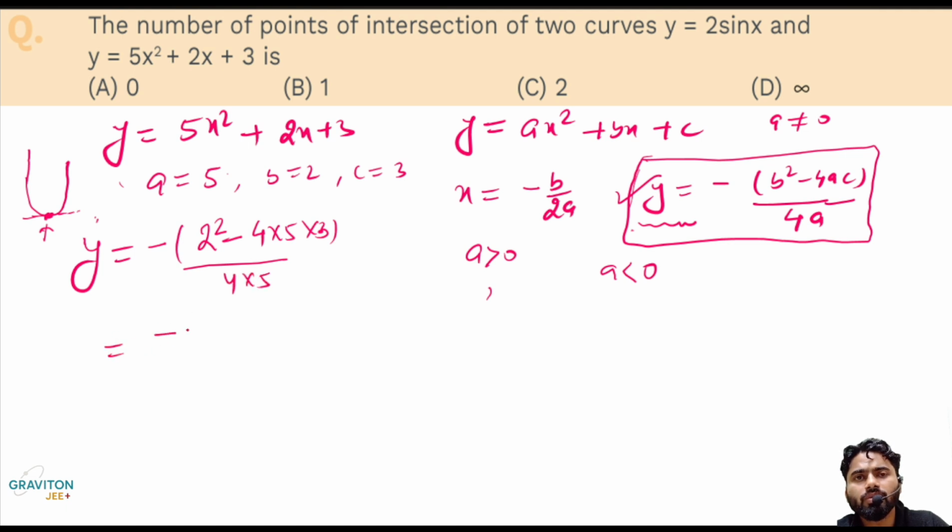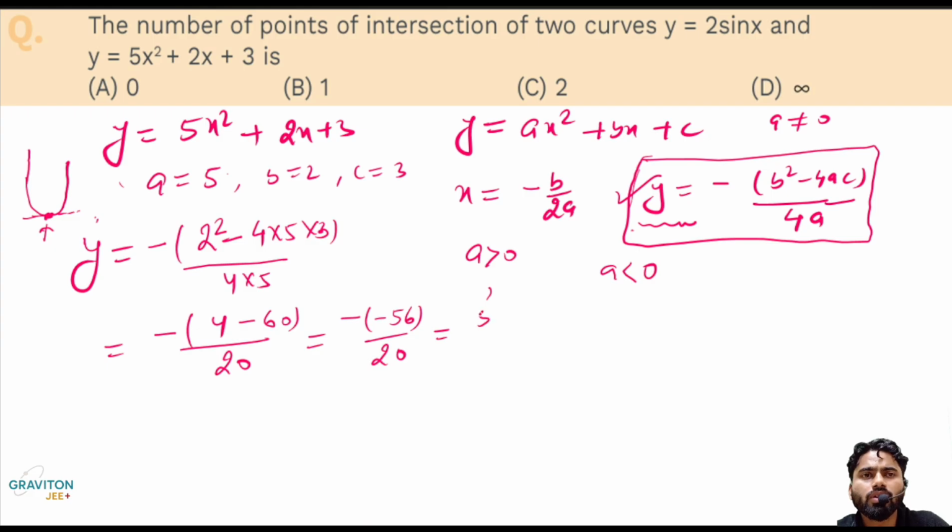So this will become minus (4 minus 60) upon 20. So this will become minus of minus 56 upon 20. So this will become 56 upon 20, and this will become 14 by 5, right?